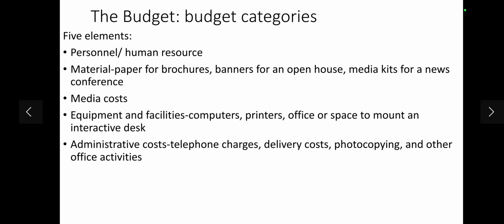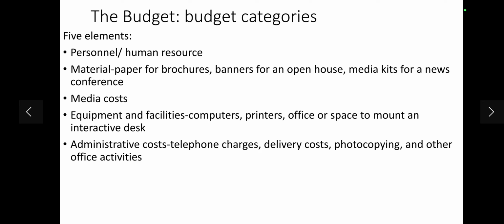We have personnel, that is human resource, the people. And then we have material, examples are paper for brochures, the banner if you're doing an open house. These are the materials you need. Then there's media costs.